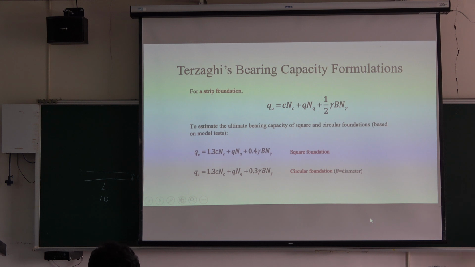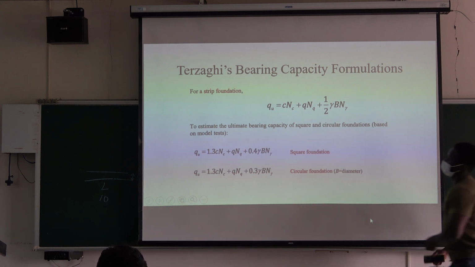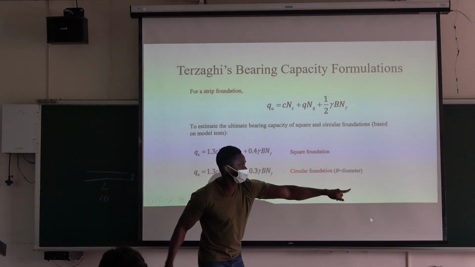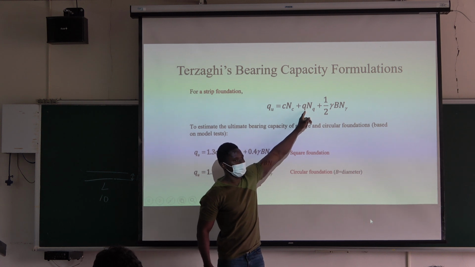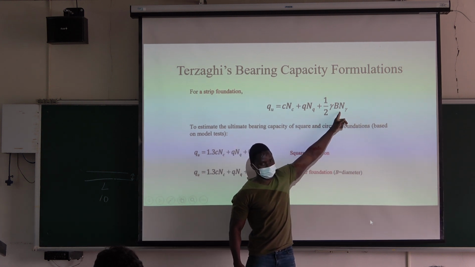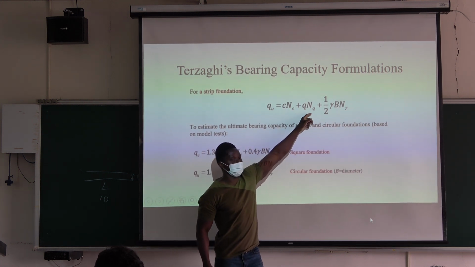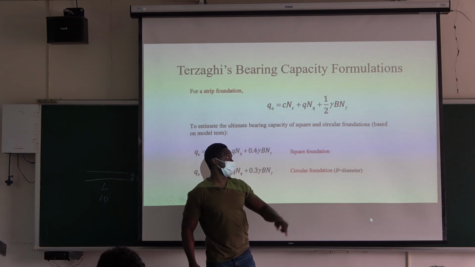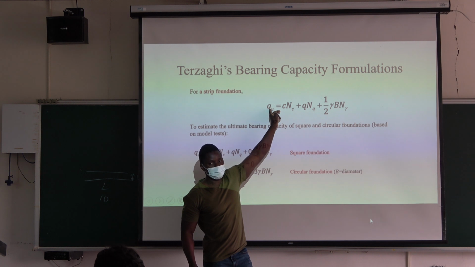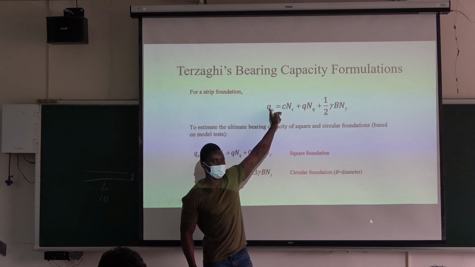So if phi is smaller, let's assume our C also is smaller. So you get the phi and the C value from there, which is smaller. This will be bigger, but this and this can be smaller. So it's not always the case that if you go deeper, this value will be bigger. It depends on the soil condition you have.